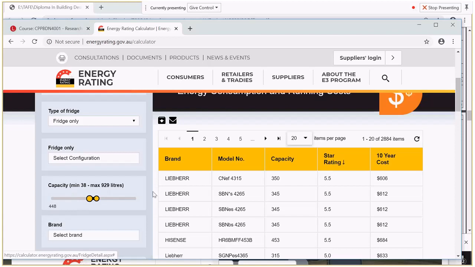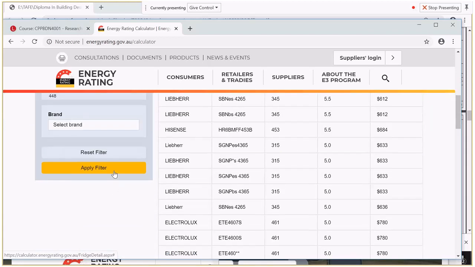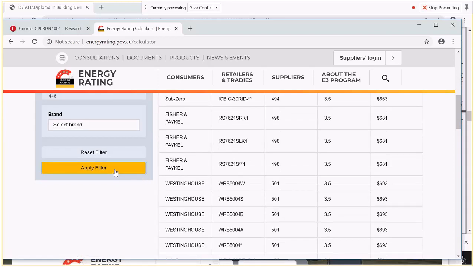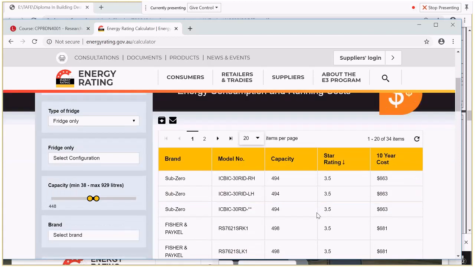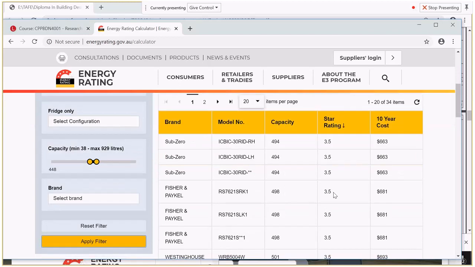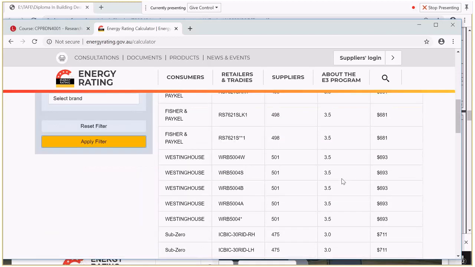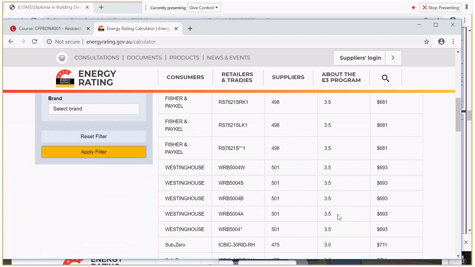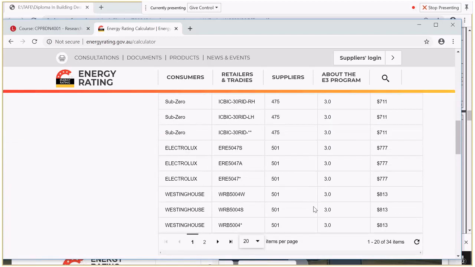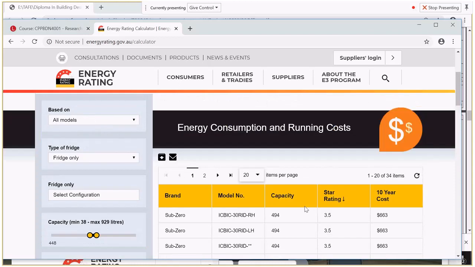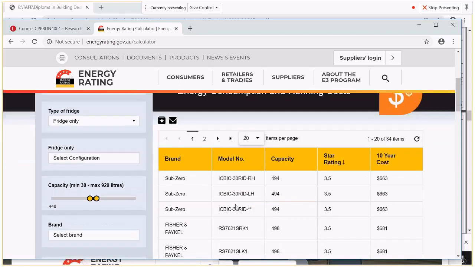By doing that and then applying a filter, we get a series of different refrigerators arranged with the most efficient at the top, going to the least efficient. So we've used that energy rating calculator to find our fridge.